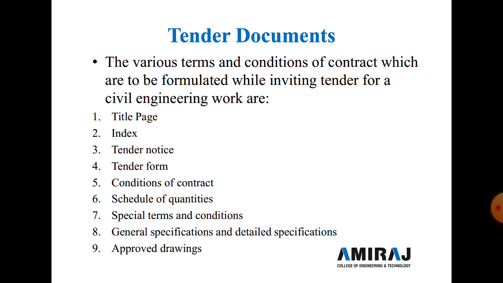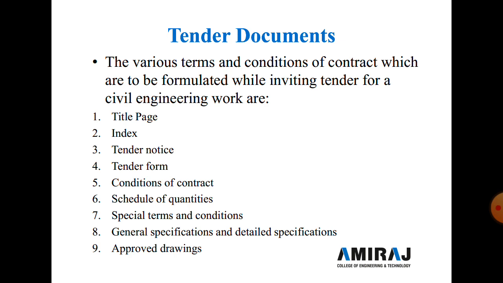Now fourth is the tender form. Already we discussed what is tender form. This document is essential for making all the tenders uniform and similar in nature, and it is a printed standard form of the contract, giving the standard conditions of contract, general rules and regulations, and directions for the guidance of contractors.